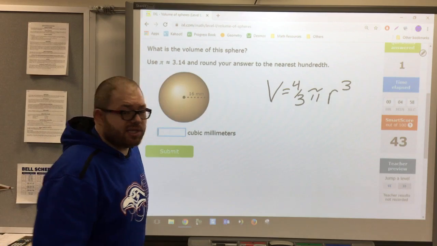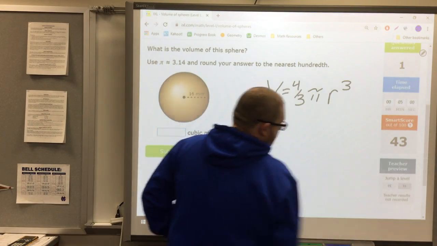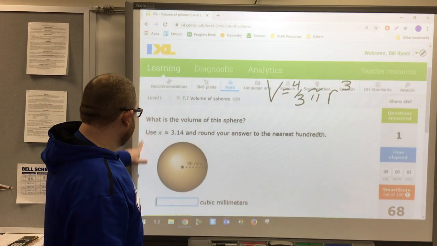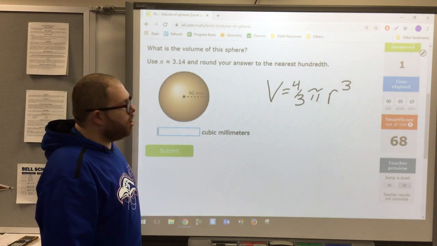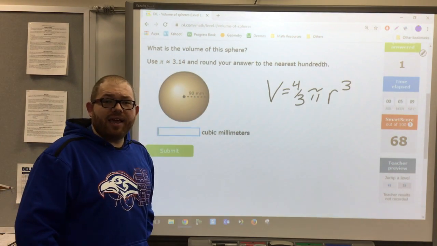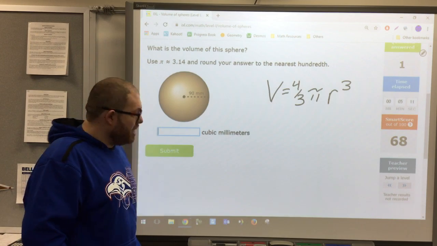That one is basically the same thing. The radius is still given. And even on this one, the radius is given. Notice how large the radius is. This is likely going to be a very, very big answer.